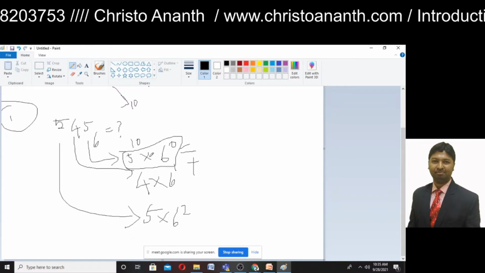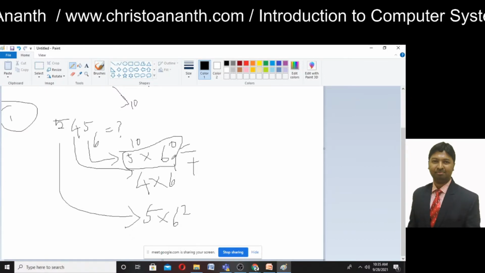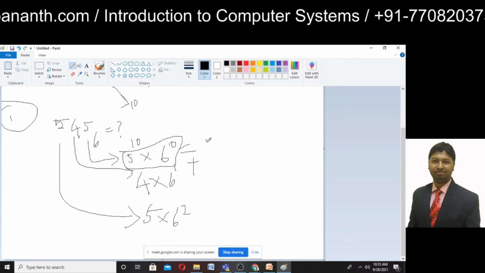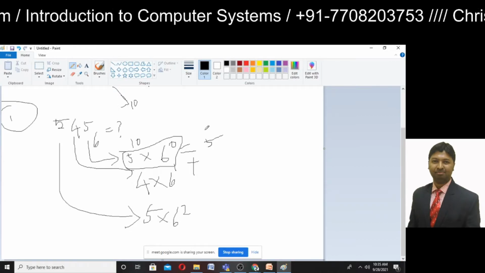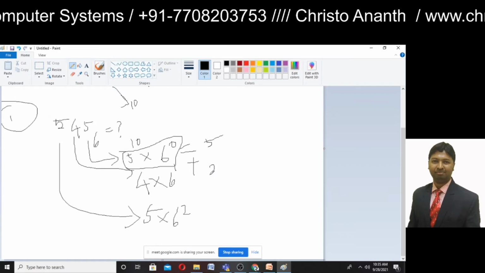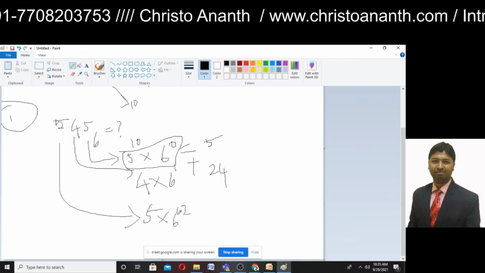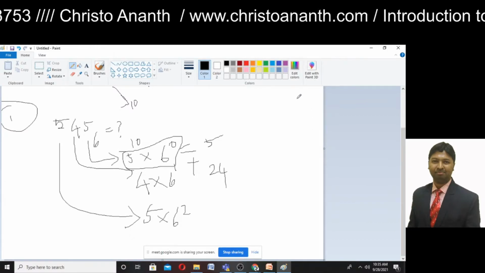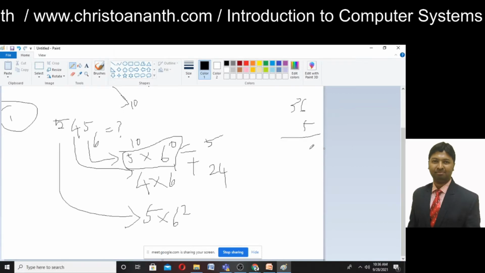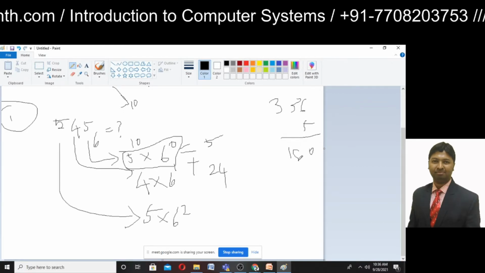What is 6 power 0? It is 1. 5 multiplied by 1 is 5. Okay. 4 multiplied by 6 power 1 is 24. 5 multiplied by 6 power 2: 36 multiplied by 5 is 180.